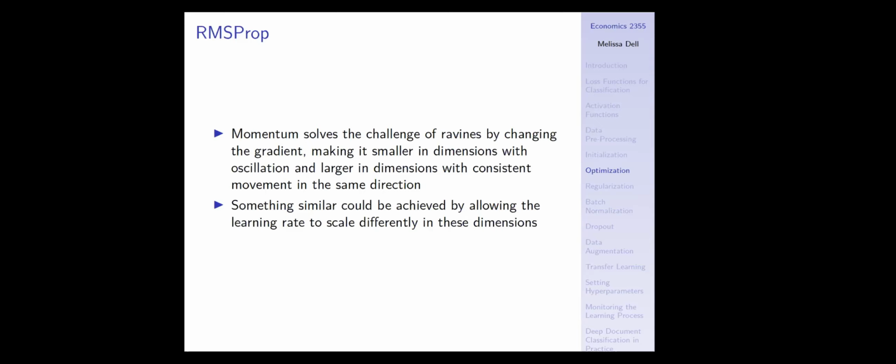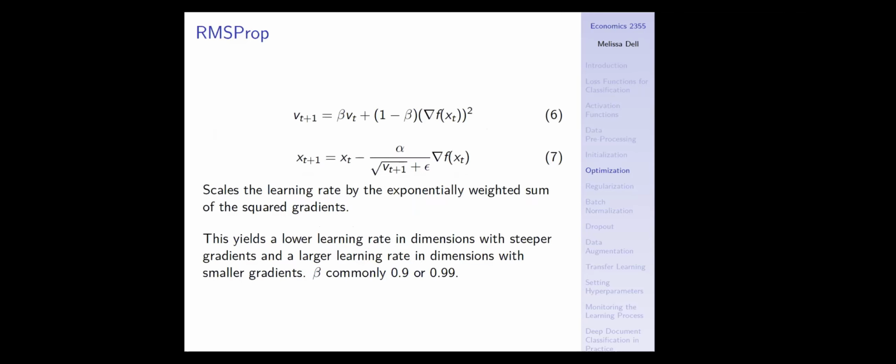It was introduced in something called RMSprop, which, interestingly enough, was not introduced in a paper. Geoff Hinton, one of the leaders of deep learning, was giving a Coursera lecture, and he said, oh yeah, I found in practice that this works pretty well. I've never written a paper, I can't prove it, but try it out. Then people did, and it worked really well. What you do with RMSprop is take an exponentially weighted sum of the squared gradients.